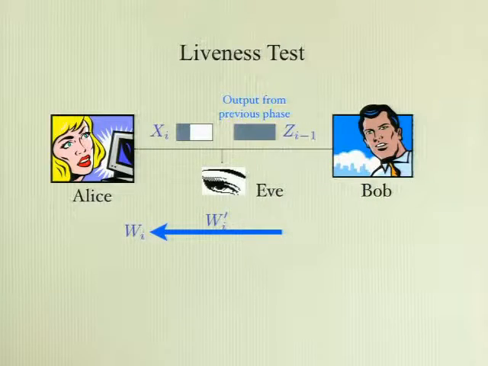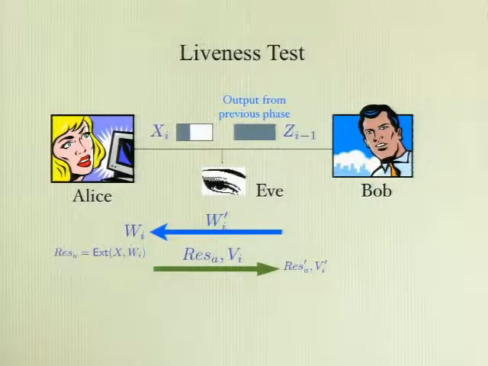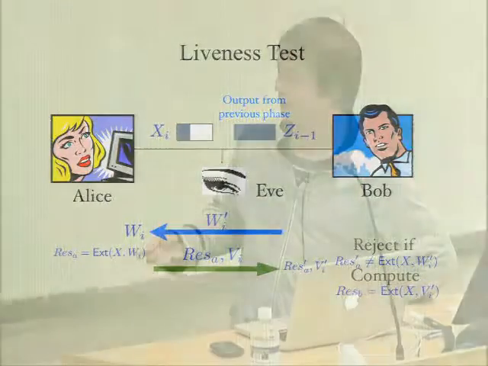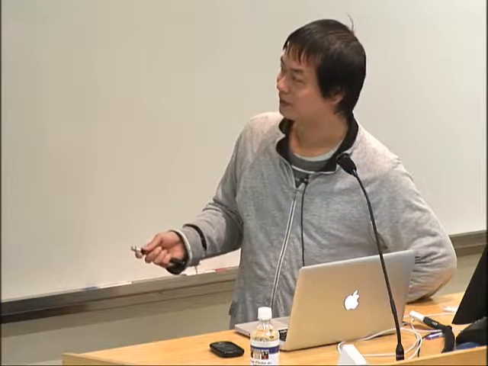Basically, when Bob sends W_i prime to Alice, he will also require a response from Alice, computed by applying a strong extractor to X and W_i. Bob will check this response, and if it is not equal to his output, he will reject.